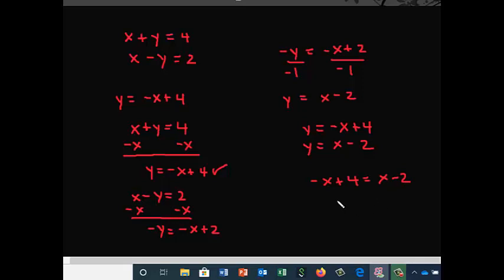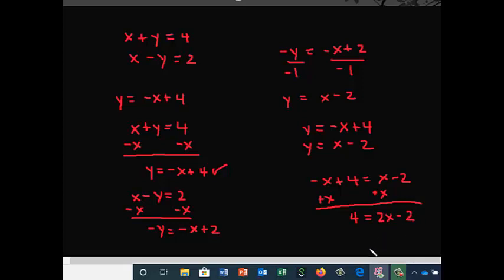I like to use the term that is smaller to do the work to both sides. So in this case, I want to say positive x here, and of course positive x there. It's always a good habit to move the variables first and not the numbers, not the constants. So this will be 4 is equal to 2x minus 2. Everybody see that?